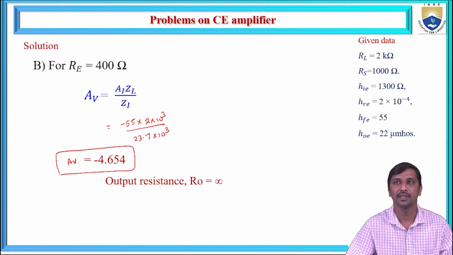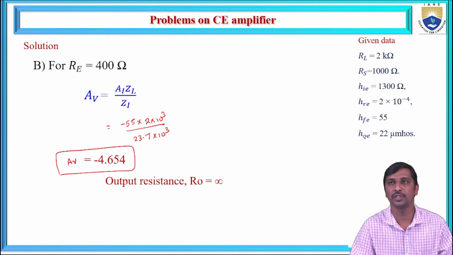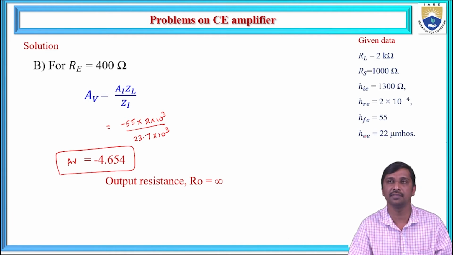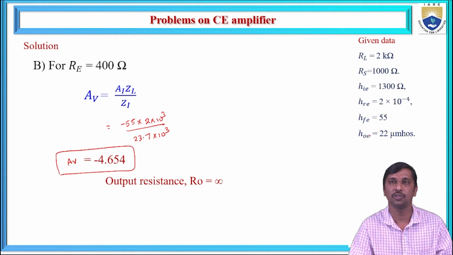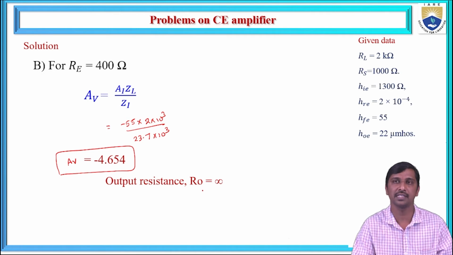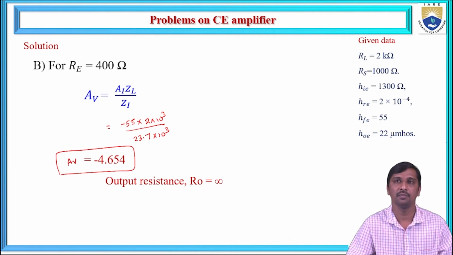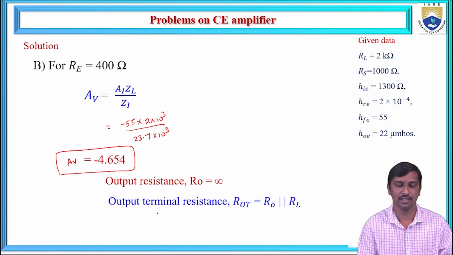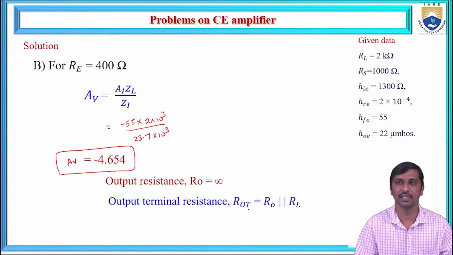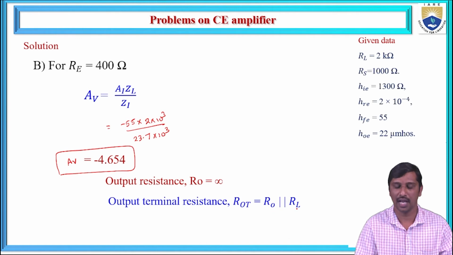Now we need to calculate the output resistance R0. Again, we know that based on the given output admittance of the h parameter, that is very, very small. Hence, in approximate analysis, we neglect that output admittance, we consider it as 0. If output admittance is 0, the output impedance becomes infinite. Now, based on this, we need to calculate the output terminal resistance or total resistance, that is R0 in parallel with RL.